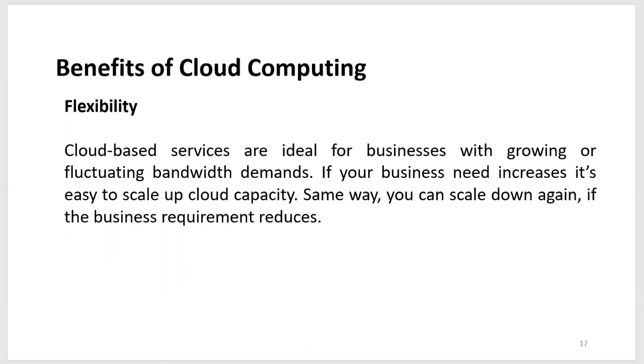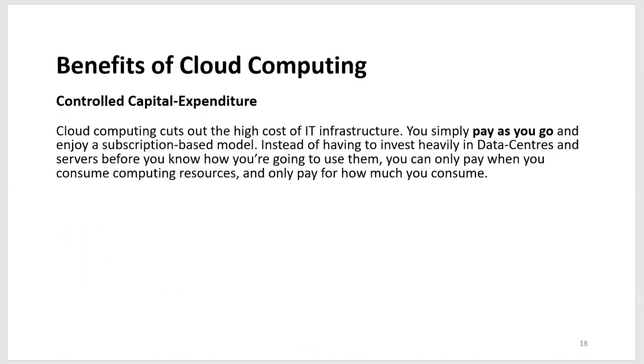Second is controlled capital expenditure. This is a major point because you are saving your money while you are using cloud computing, which you don't get on your physical data center. Think about the old and traditional way to run IT services.